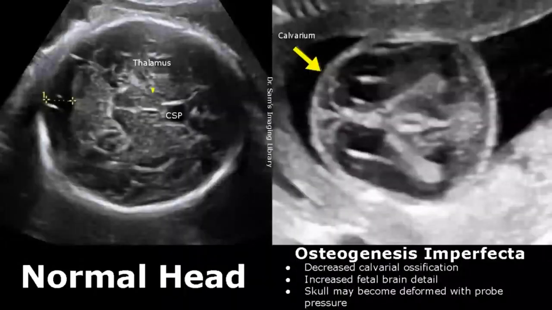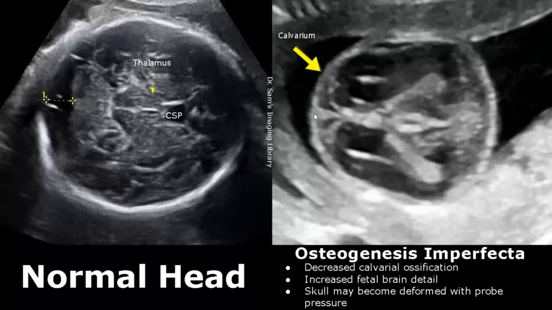Osteogenesis imperfecta is a congenital disorder which affects bones and connective tissue and has many features on ultrasound. The calvarium has decreased ossification. It is not hard enough and becomes softer than usual.